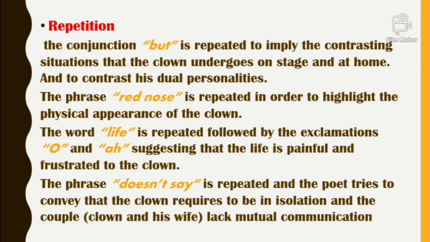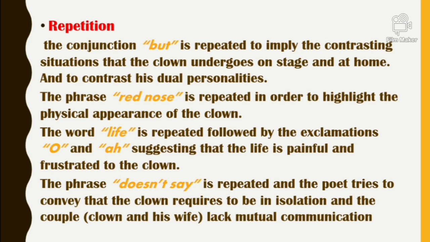And the phrase "doesn't say" is repeated, and the poet tries to convey that the clown requires isolation, and the couple, the clown and the wife, lack mutual communication. I have talked about this in the themes as well.